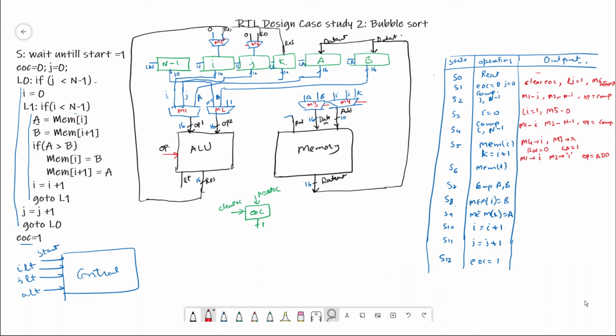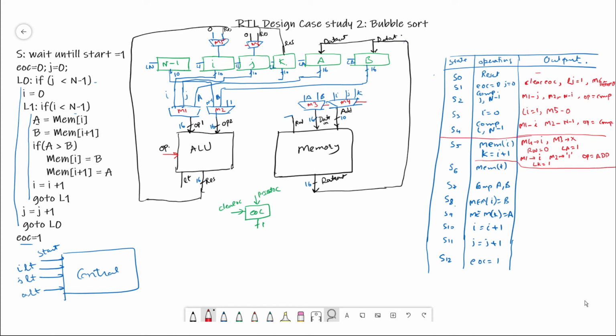This result would also be written to K, so LK is equal to 1. Okay, so this is all about the S5 state.